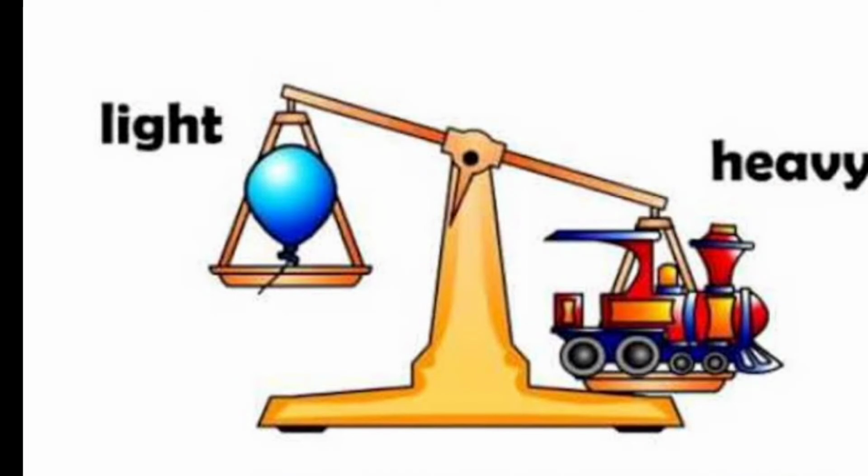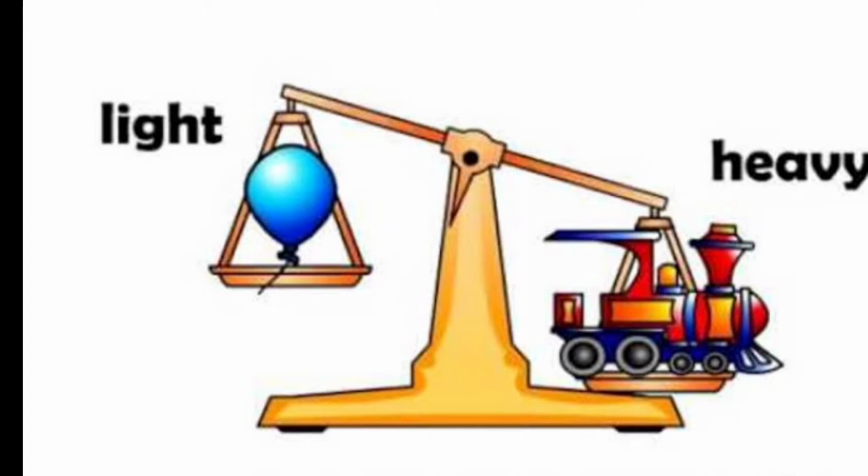I want you to look at this other picture here, which shows a clearer picture of how heavy and how light a thing is. Now look, on this side we have a blue balloon, and on the other side we have a toy train. Which one do you think is light and which one is heavy? Remember, I told you the thing that is lighter goes up on a balance. This thing on which we keep the balloon and the train to measure the weight is called a balance.